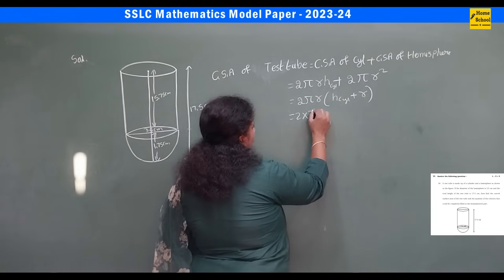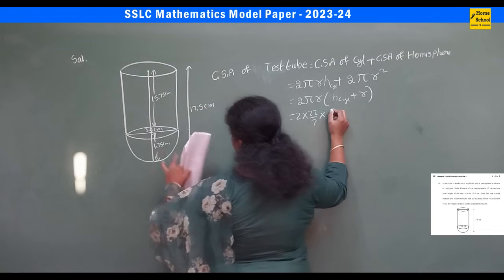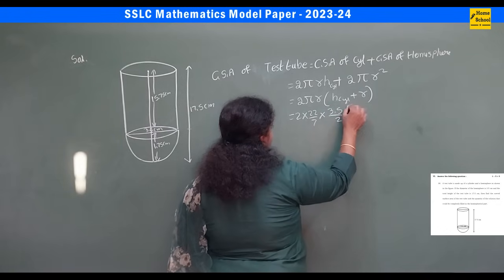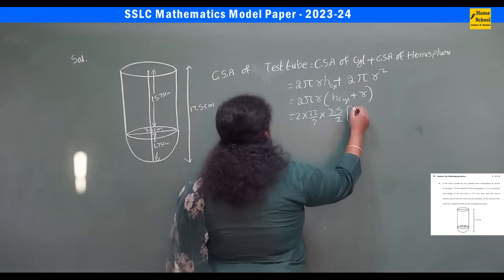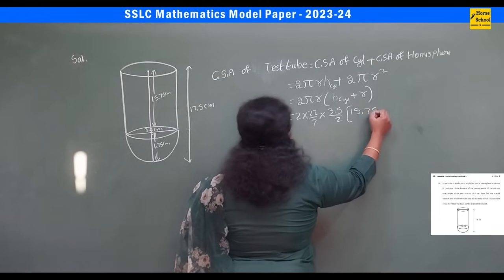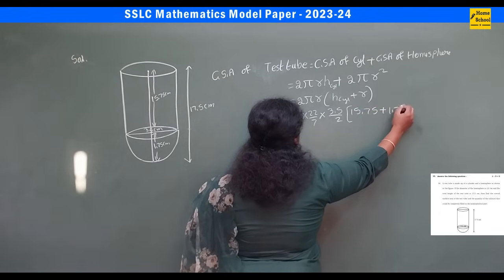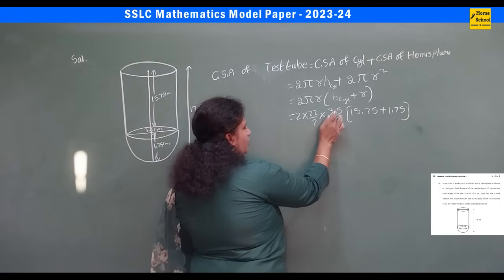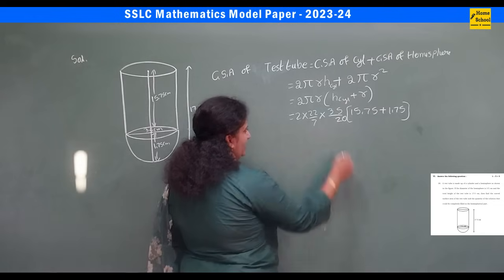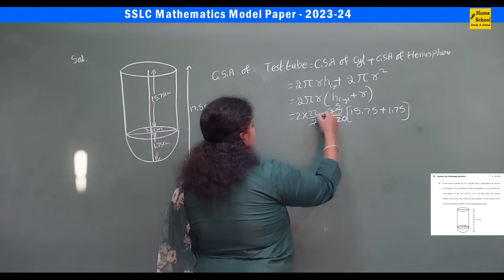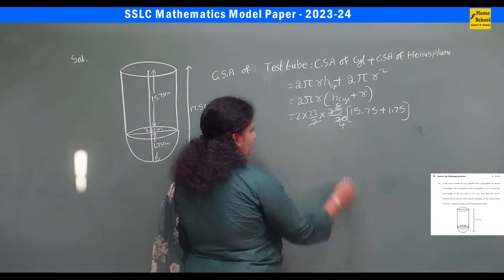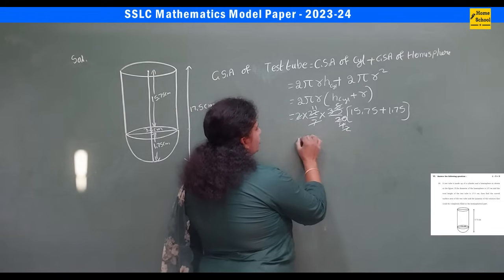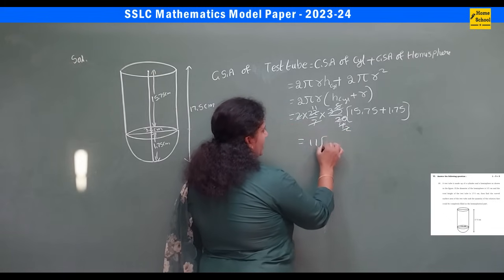Substitute the value. 2 into 22 by 7 into radius. You can write it as 3.5 by 2, or 1.75. Anything is okay. Height of the cylinder 15.75. Radius 1.75. Here I have taken 1.75. Easy to cancel. Remove this decimal point and put it down. 20. 7 5s are 35. 5 4s are 20. And 2 11s are 22, so cancel. So you are left here with 11 into.